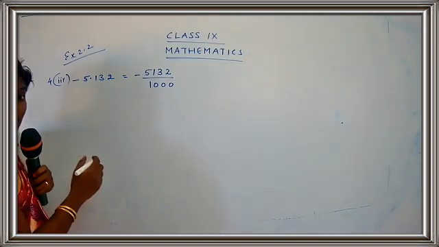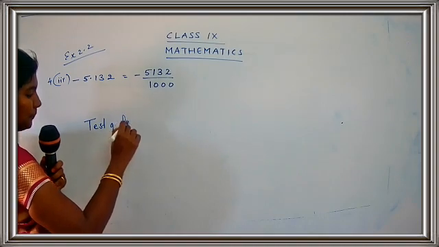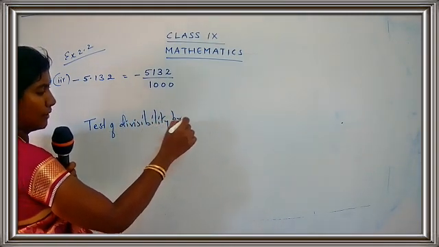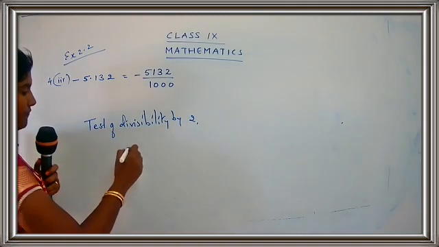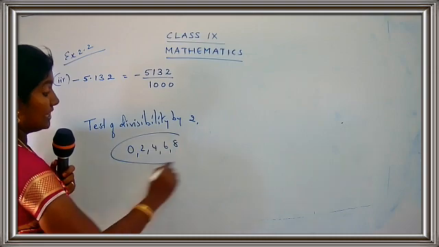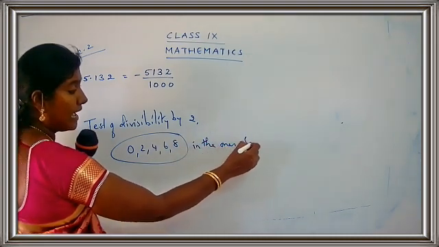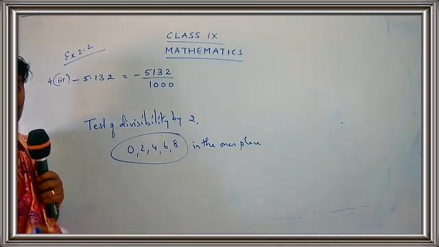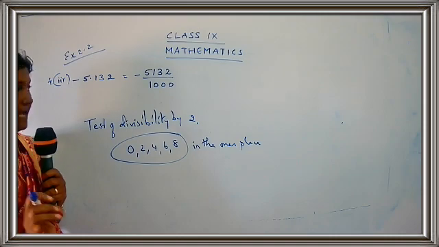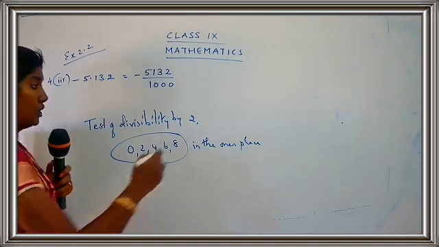Do you remember the test of divisibility? Have you studied this? Test of divisibility by 2. Remember, children, if you have 0, 2, 4, 6, 8 in the last digit, in the ones place, then that number is divisible by 2.